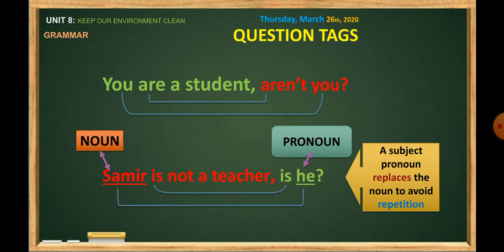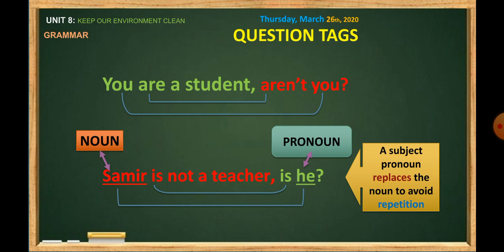For example, we cannot say Samir is not a teacher. Is Samir? This is not correct. So if we have a noun, we must replace it with the corresponding subject pronoun. For example, Samir is he. For example, Nadia, she. Students, they, etc.